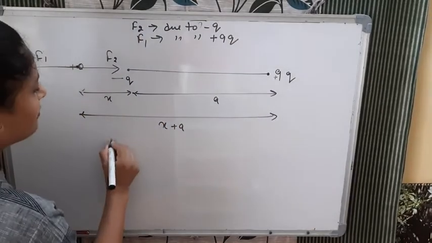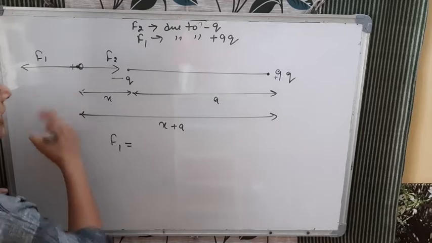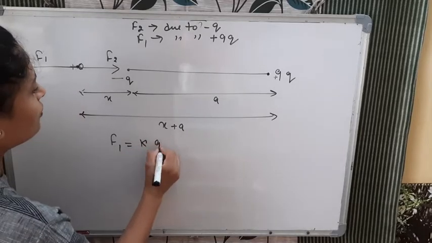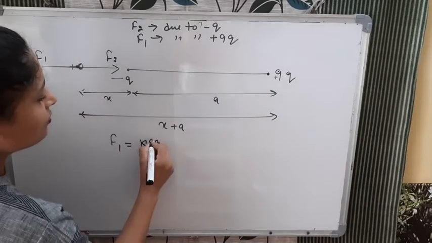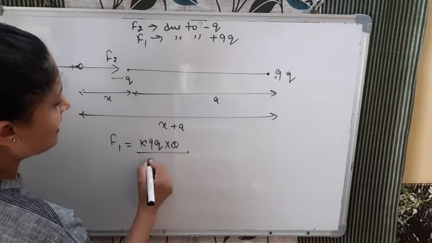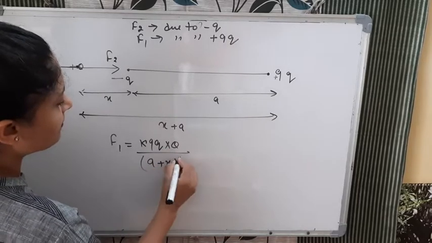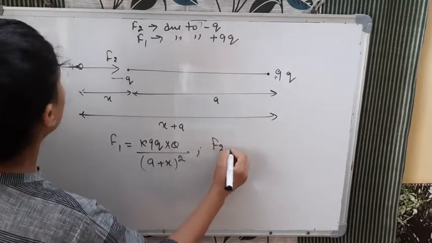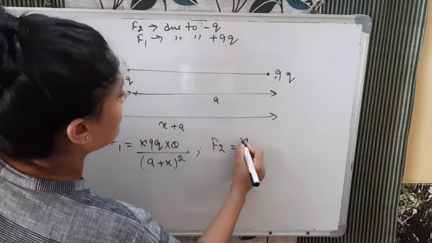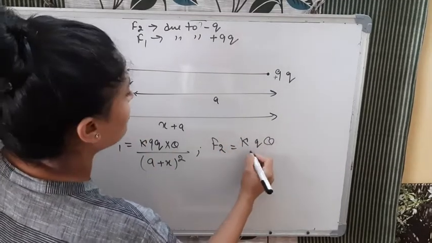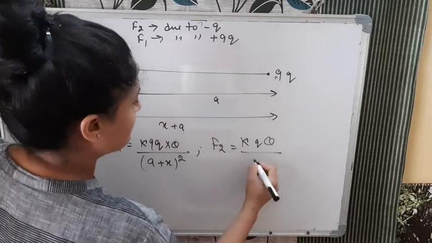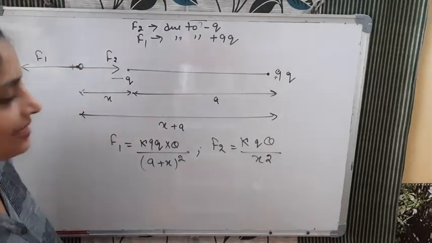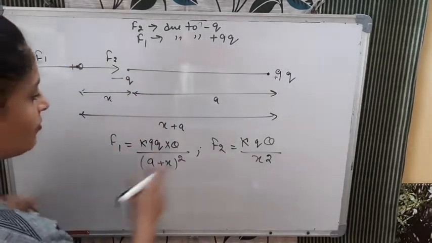So that's why we will put it on this side. We will find F1 and F2. F1 will be K into 9q into capital Q divided by (a plus x) whole square. Okay. F2, if you calculate, will be K small q capital Q divided by distance x square. Now we are saying net force should be 0, so F1 is equal to F2.